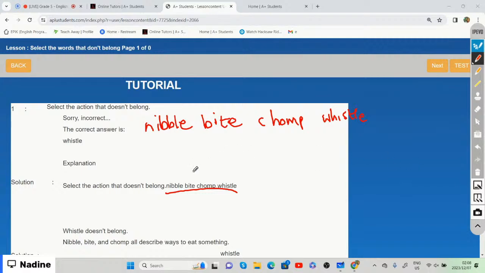If we look at these words, we need to find words that are related.